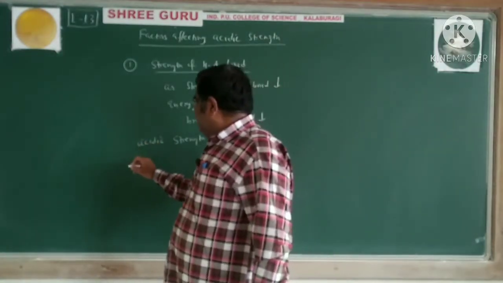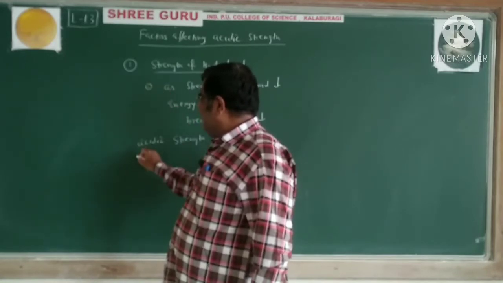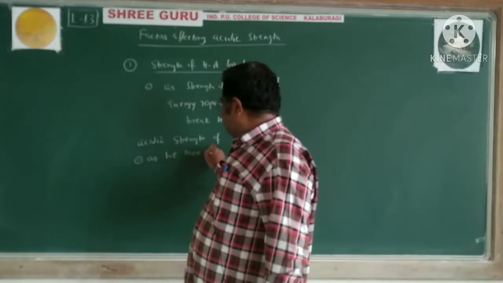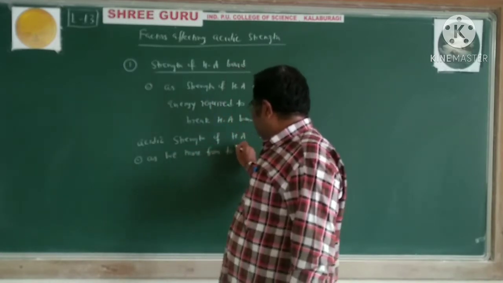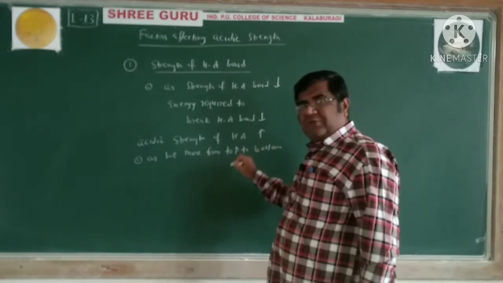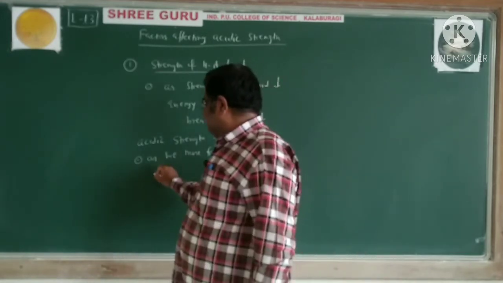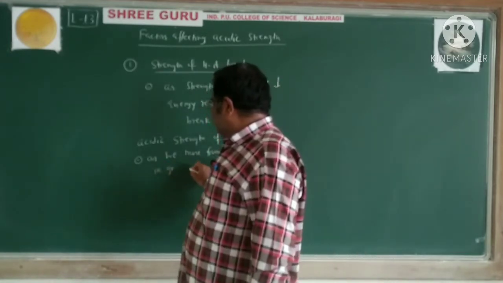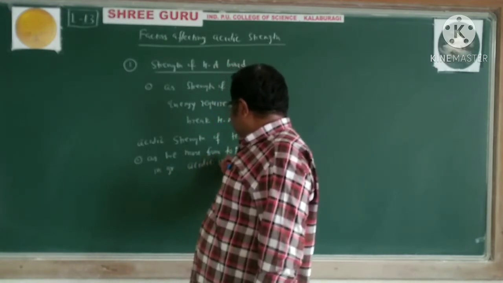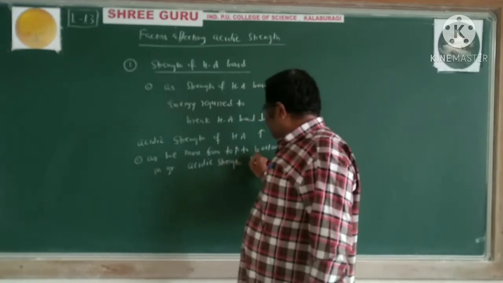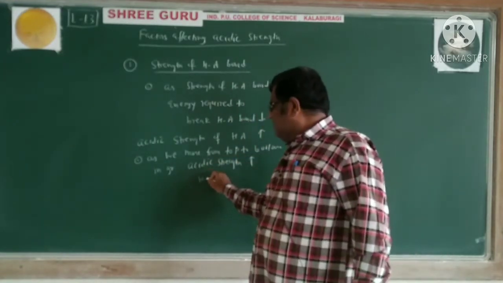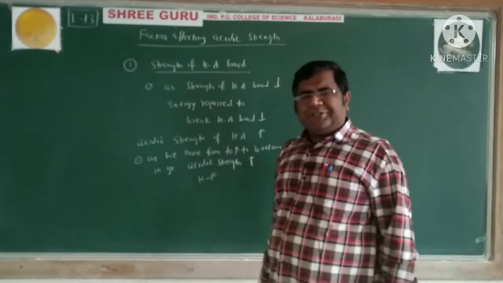Now we will mention one point, that as we move from top to bottom in a group in the periodic table, acidic strength increases, because HF bond length is shorter.